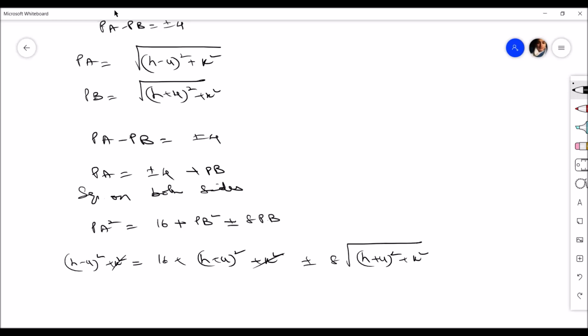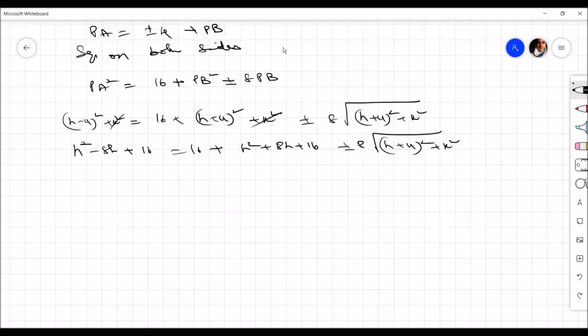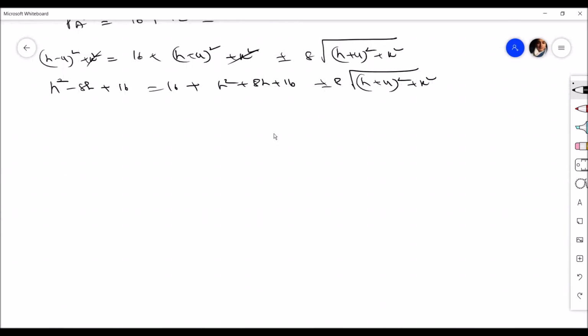So k square gets eliminated and the leftover terms are h square minus 8h plus 16 is equal to 16 plus h square plus 8h plus 16 plus or minus 8 root over (h plus 4) whole square plus k square. Got it? So two other terms will get cancelled, h square and 16 on both sides.